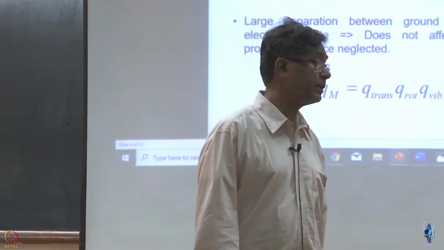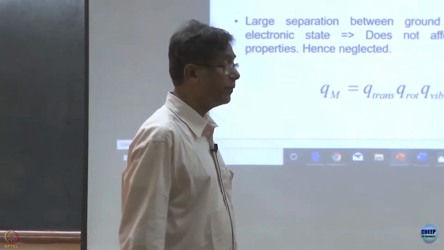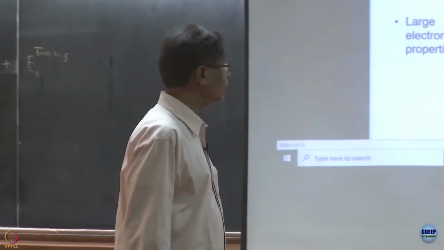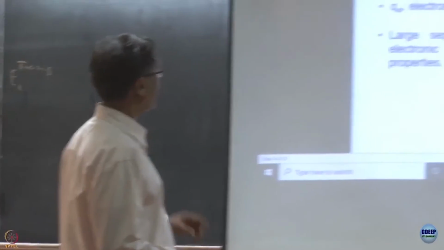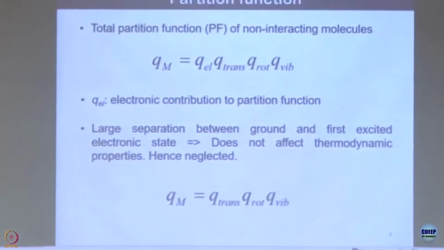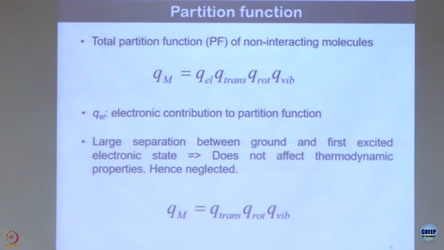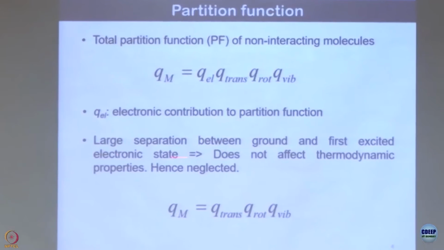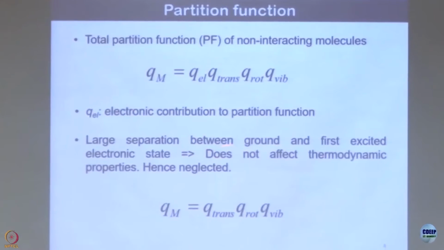So, 10,000 centimeter inverse means something like 50 kBT or so. The gap between the ground state and the excited state is that huge. That is why there is no population in the excited electronic state at normal temperature. Everything happens in the ground state, so we do not need to carry this around.